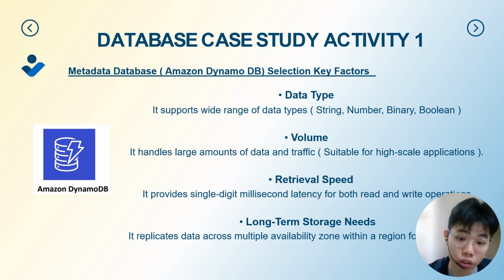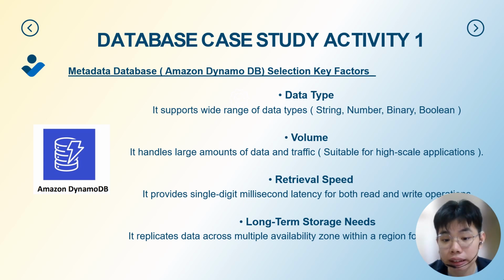It supports a wide range of data types, which include string, number, binary, boolean, and a lot more. So it is very suitable, as it is known for metadata and unstructured data. It is a very good tool since it supports a wide range of data.